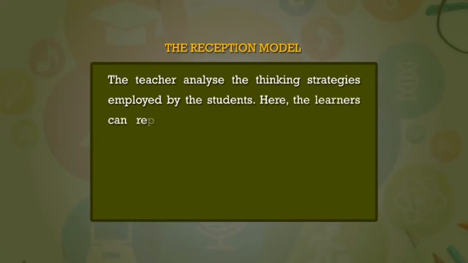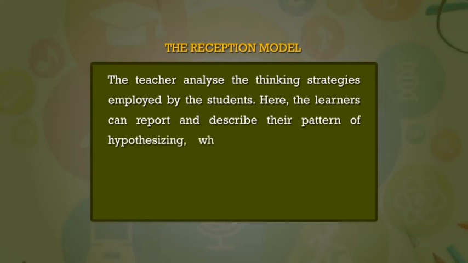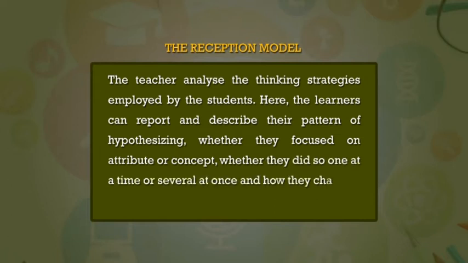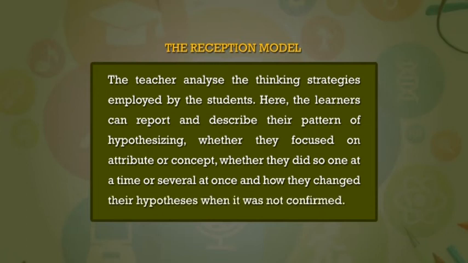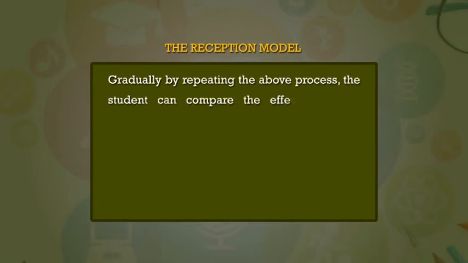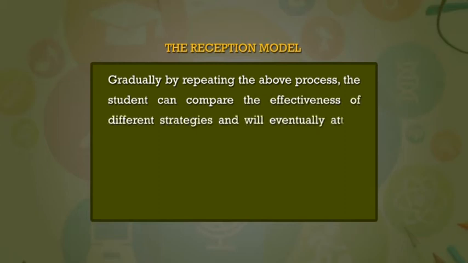Here, the learners can report and describe their pattern of hypothesizing, whether they focus on attribute or concept, whether they did so one at a time or several at once, and how they changed their hypothesis when it was not confirmed. Gradually, by repeating the above process, the students can compare the effectiveness of different strategies and will eventually attain the desired focus concept.